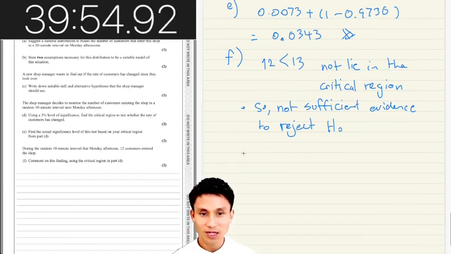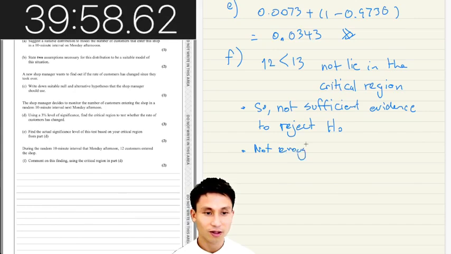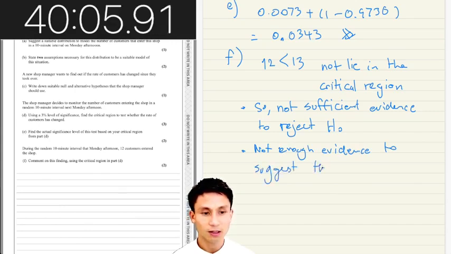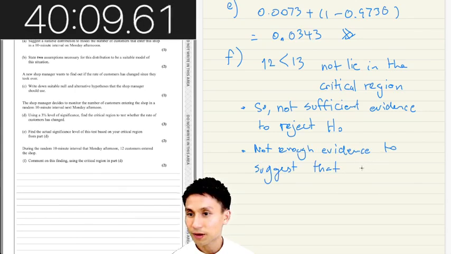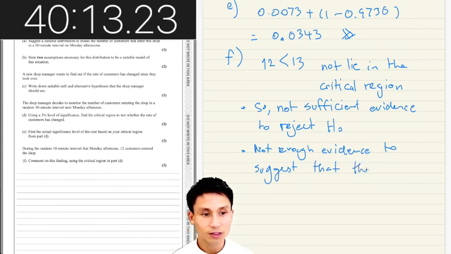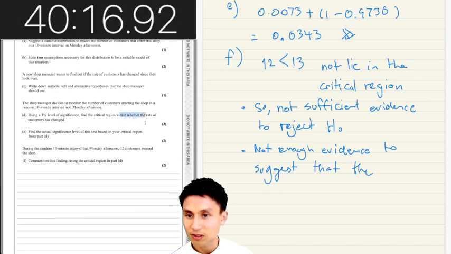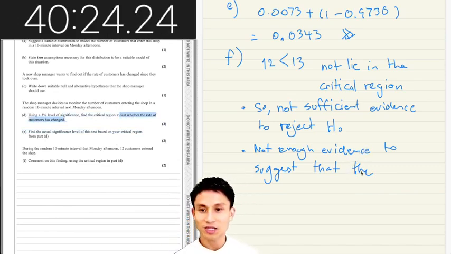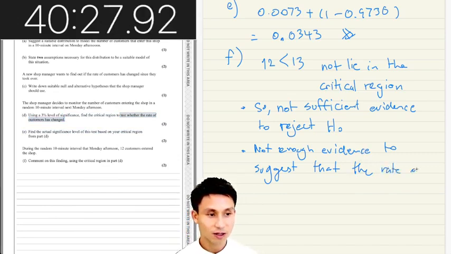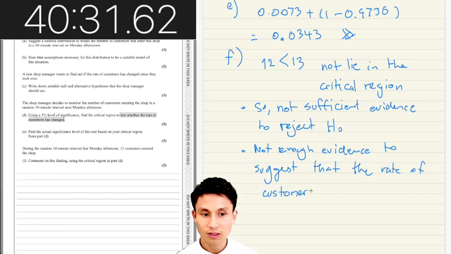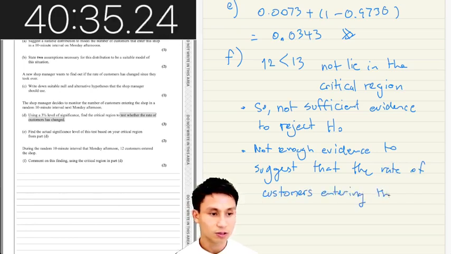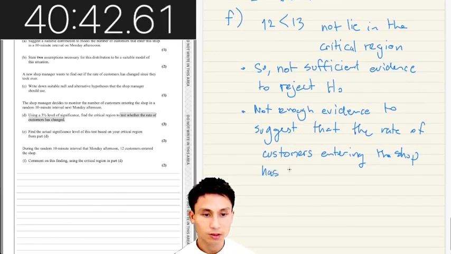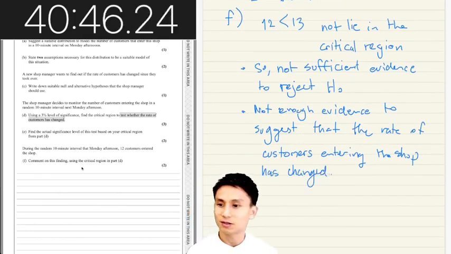So we say that there is not enough evidence to suggest that the rate, I'm just going to take the wording here because this is the only word that seems to be the alternative hypothesis there, which is that the rate of customers entering the shop has changed. Writing on a device is a bit more difficult.